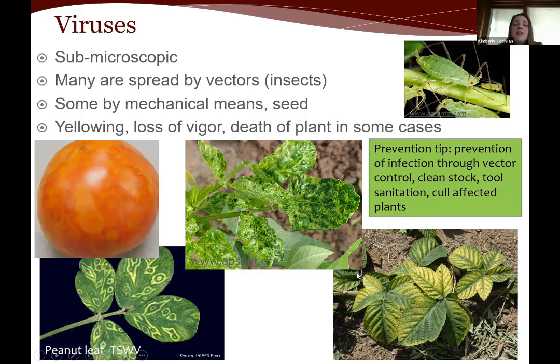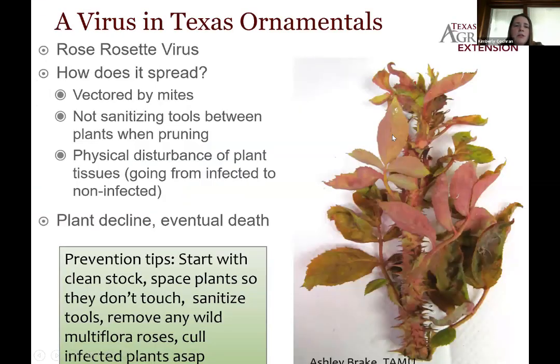Okay, so prevention tips for viruses. Generally, focus on vector control, prevention, clean stock. If you're getting cuttings in particular, try to make sure you're getting clean stock, and practice tool sanitation and cull affected plants. A prime example of virus problems in Texas is rose rosette virus.